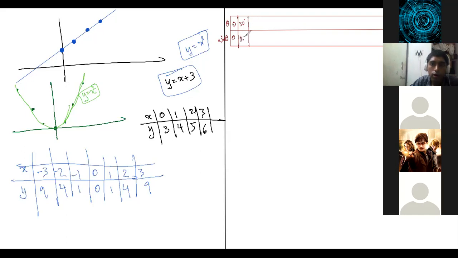I'm writing it as 0.5 for the sake of convenience. Sine 45 will be 1 by root 2, which is root 2 by 2, approximately 0.7. Sine 60 is root 3 by 2 again. The value of root 3 is 1.73 something, so divided by 2, that is approximately 0.85.